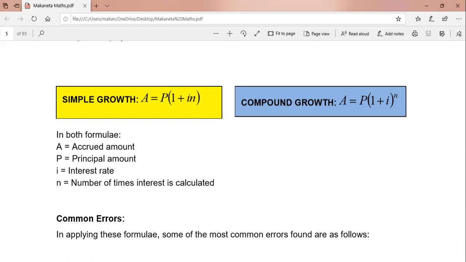So remember that, not necessarily the number of years. Yes, if it is per annum, in most cases it can be the number of years, but sometimes the interest can be compounded quarterly, for instance. So you need to know how many quarters there are in a year. So that is what I'm trying to imply here, to say the number of times interest is calculated is known as N.